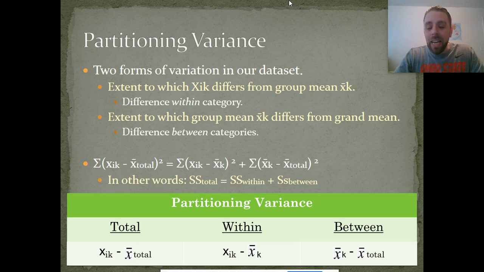In other words, sum of squares total, the total sum of squared variation, equals the within group sum of squared variation plus the between group sum of squared variation. I'll let that sink in for a second and let you finish writing if you need to.